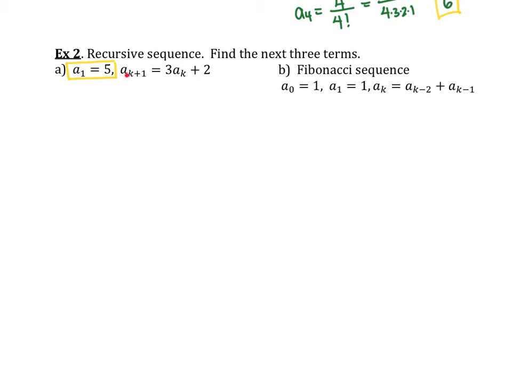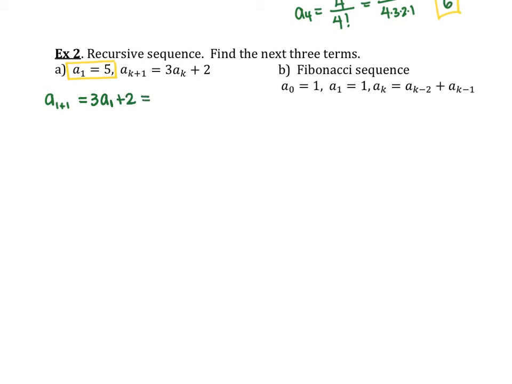Okay, and then they tell me this rule. They tell me a sub k plus 1 equals 3 times a sub k plus 2. Okay, so let me think about what this means. The only term they gave me is the first term. If I want to find a sub 1 plus 1, and I picked k as 1 because I know what A1 is, according to this rule, that would be 3 times A1 plus 2.